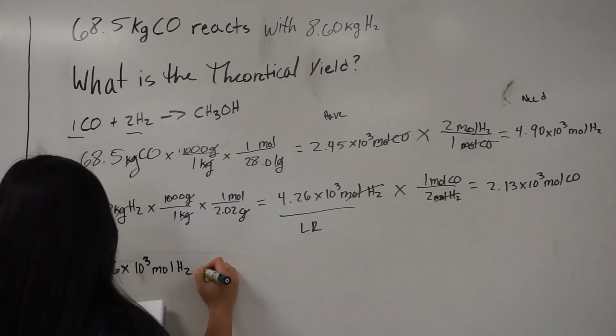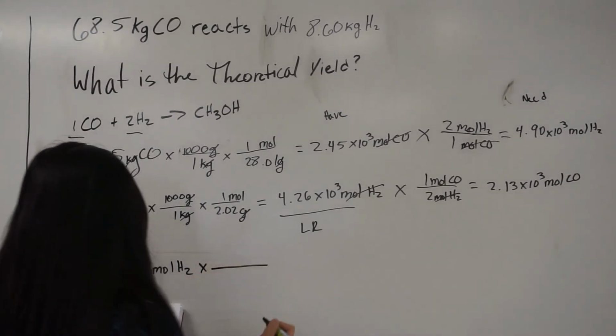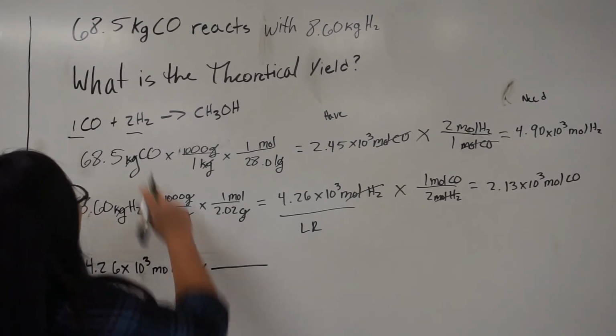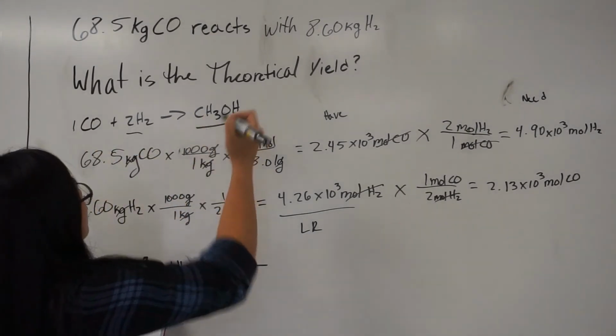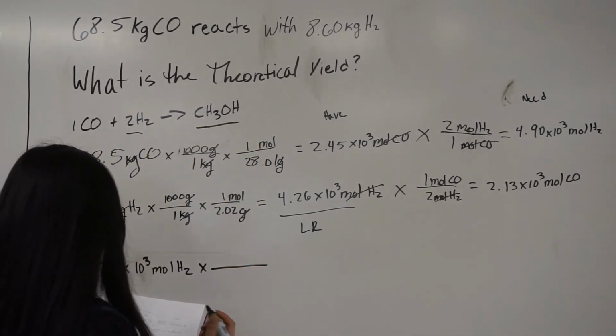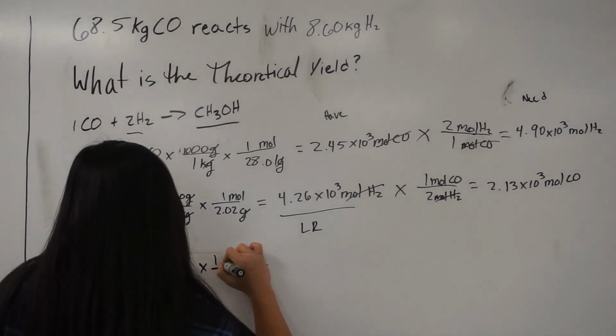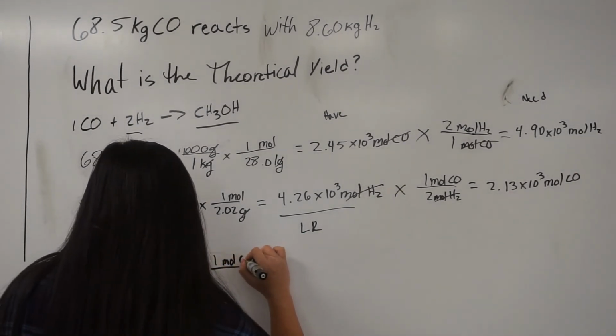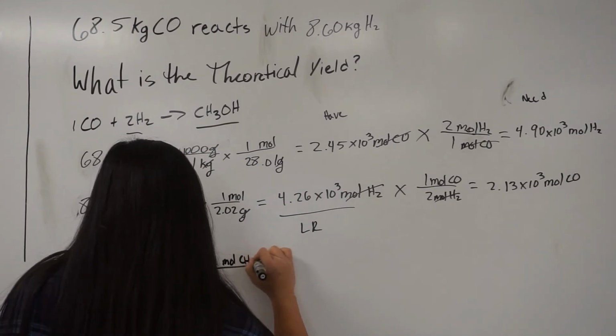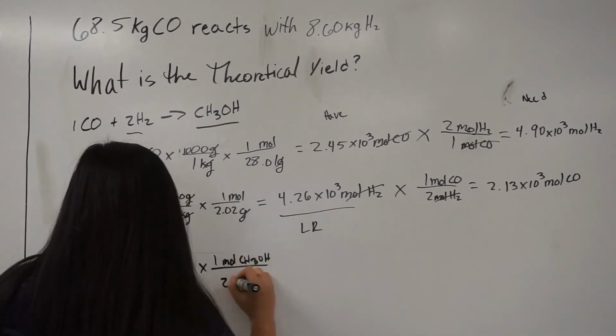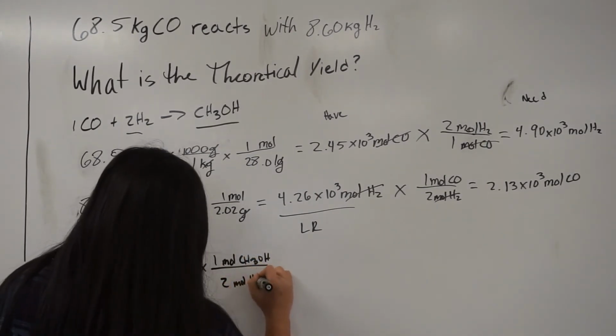And you are going to multiply that by the molar ratio between H2 and CH3OH, which is 1 mole of CH3OH divided by 2 moles of H2.